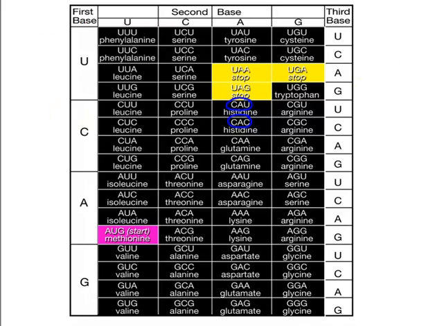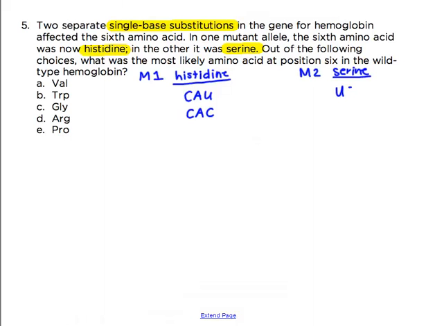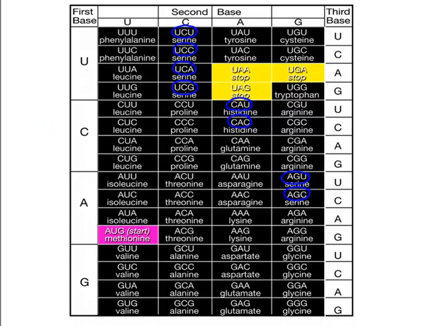And then for serine, we can see that either AGU or AGC can give it, but there's also UCU, UCC, UCA, and UCG. So first let's write UC dash, and then AGU and AGC.